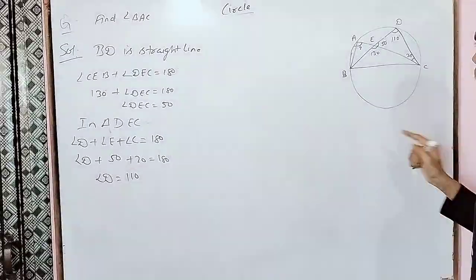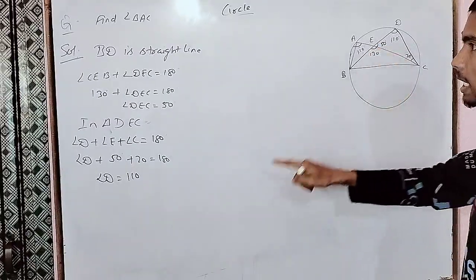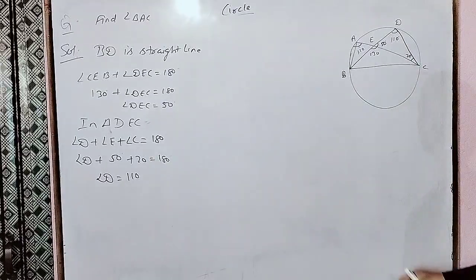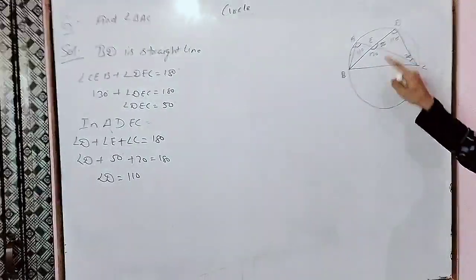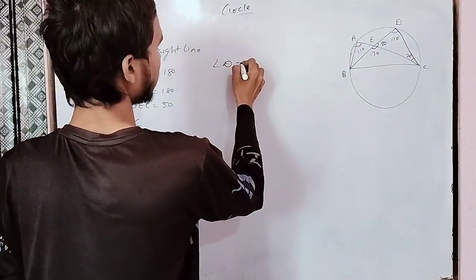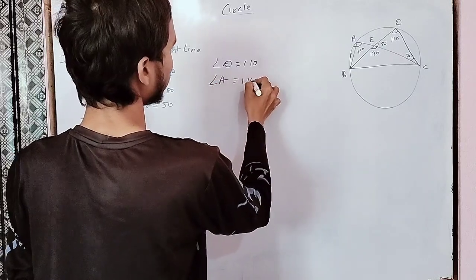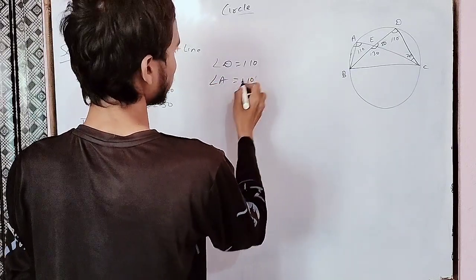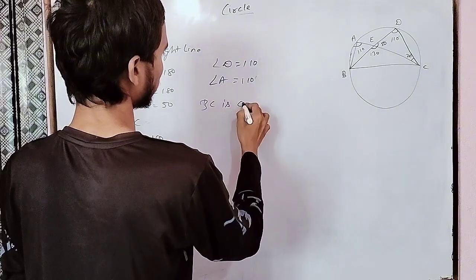Now the main question was how much this is. If this is 110, then this will become 110, as we saw in the previous question, because the base BC is common to both triangles. So if angle D is 110, then angle A will become 110 because BC is a common line segment.